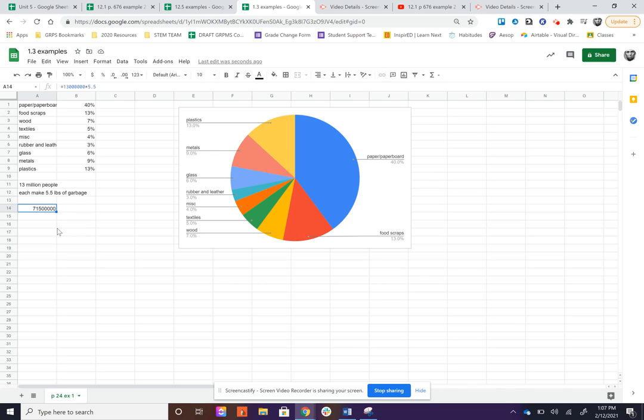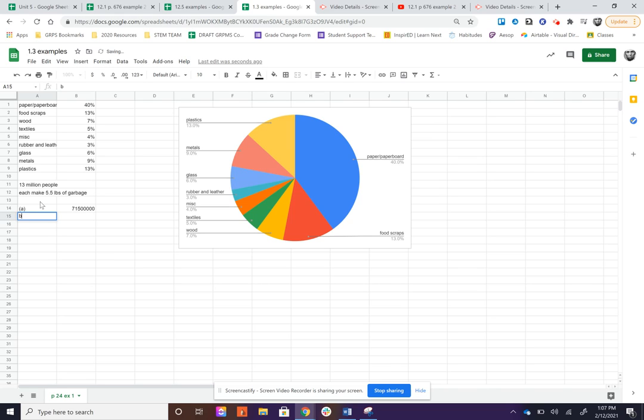So it looks like we've got 71,500,000 pounds of garbage. So that's our answer to A. Let's paste this here and we'll say A.